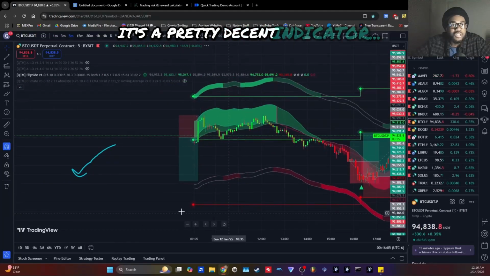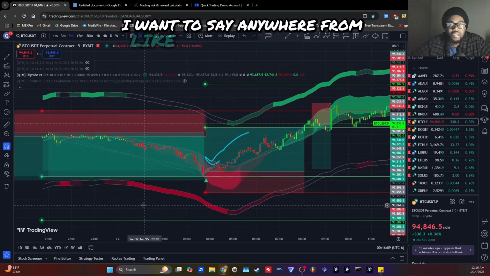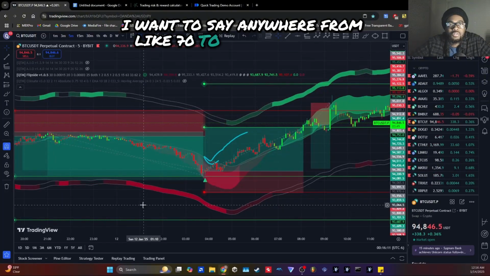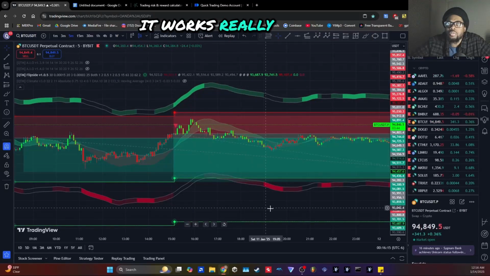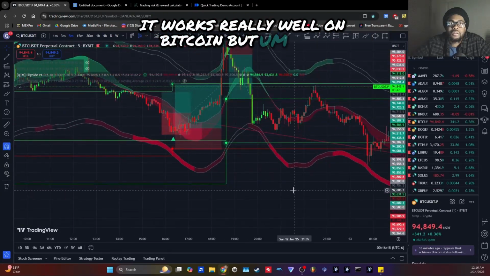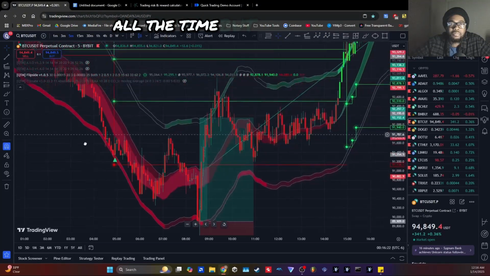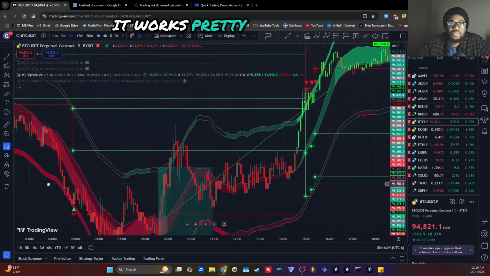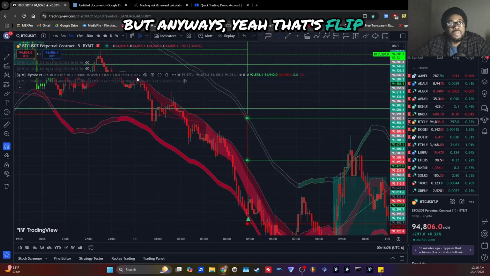It's a pretty decent indicator. It's accurate, I want to say, anywhere from 70 to 80% of the time, depending on the actual asset. It works really well on Bitcoin, but it doesn't always work well on everything else all the time. But anyways, that's Flipside.